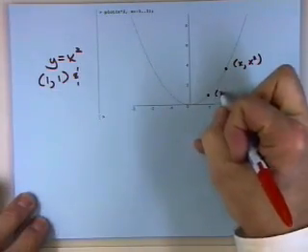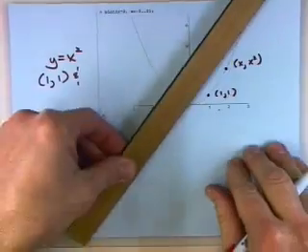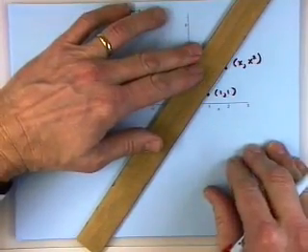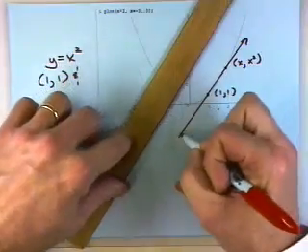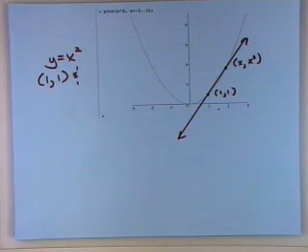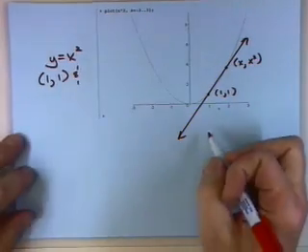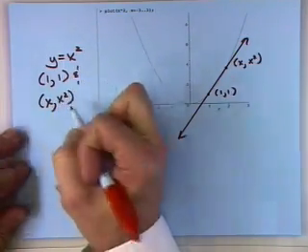And here's the point 1, comma 1. Let's take the slope of this secant line and then try a little algebraic manipulation and see what we can find. So there's our 2 points.